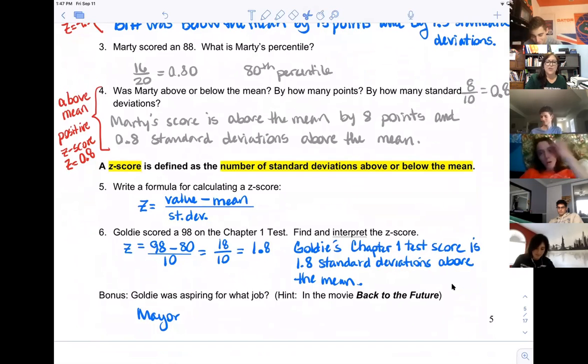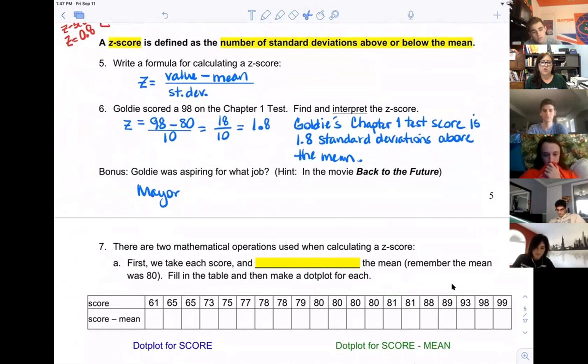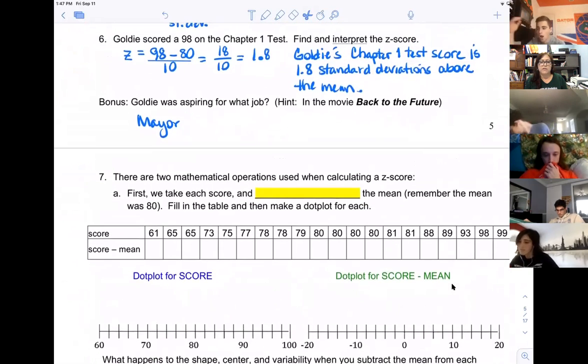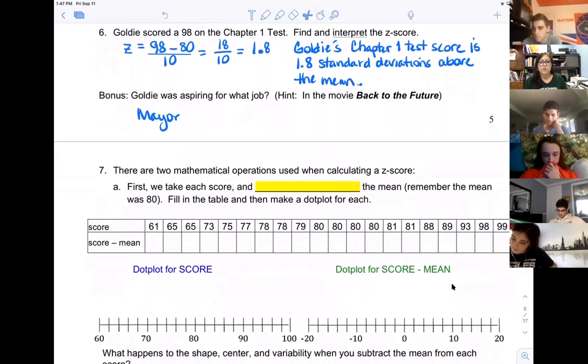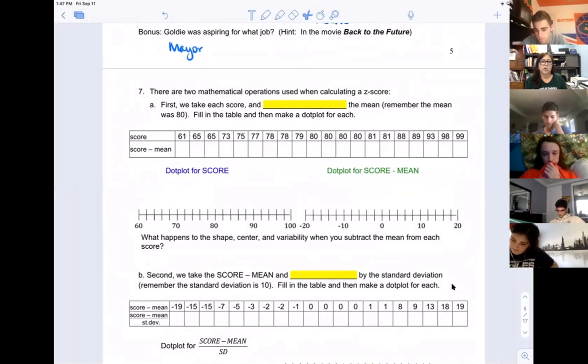Okay. All right. So what I'm going to do is if you turn the metaphorical page and we go on to the next page, we have some additional questions. There are 2 mathematical operations used when calculating z-score. So we're getting a little bit algebraic here. So I want you to break that down, and then you're going to do that math. You're going to do first the subtraction that you have in the numerator.